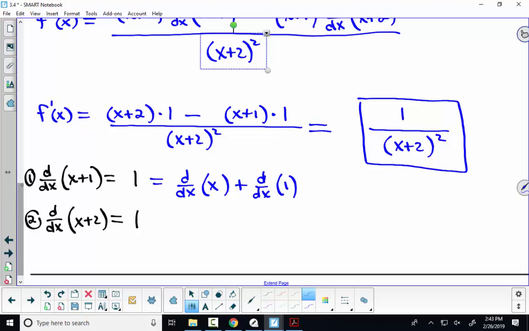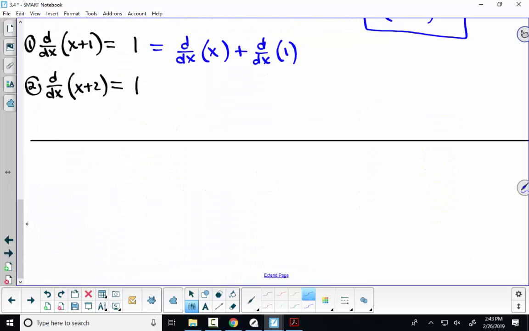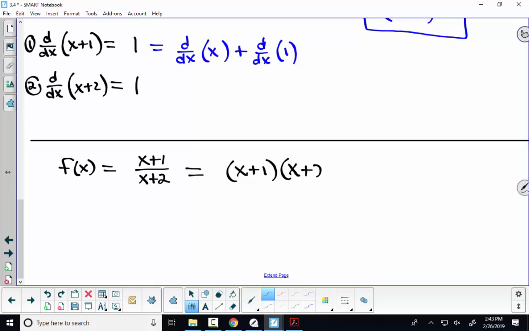Another thing to point out is that our function x plus 1 divided by x plus 2 can also be rewritten. We can say that f of x is x plus 1 over x plus 2 and use the quotient rule on that. Or we could say that it's x plus 1 times x plus 2 to the negative 1.